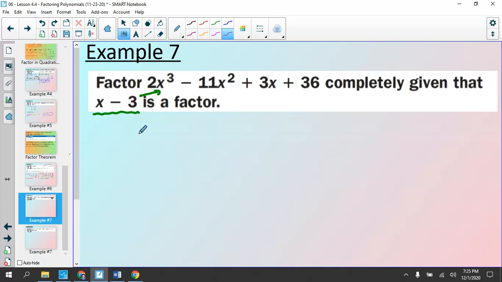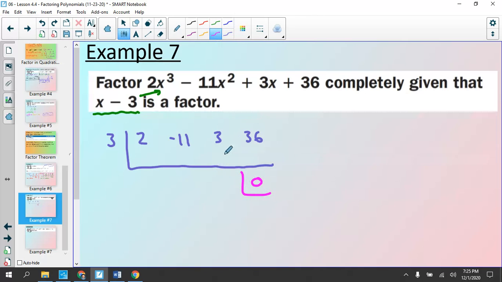It's basically saying, use synthetic division. 2, negative 11, 3, and 36. Divide by, in this case, 3. Use synthetic division with 3. I know what's going to happen. There better be a 0 for a remainder here. Otherwise, something's screwed up.